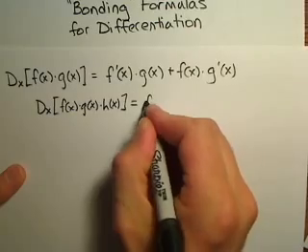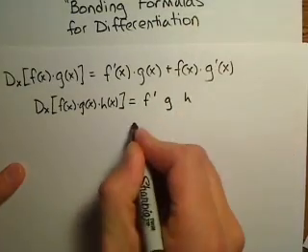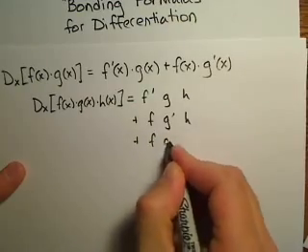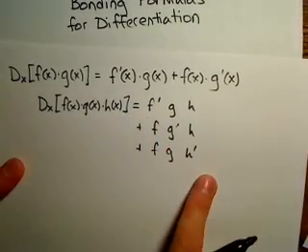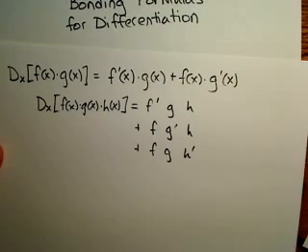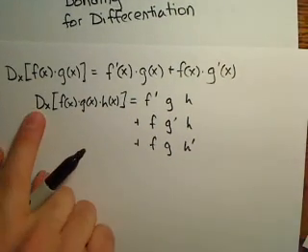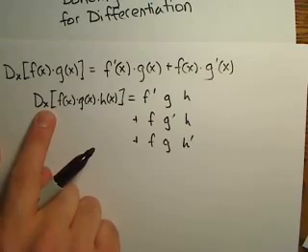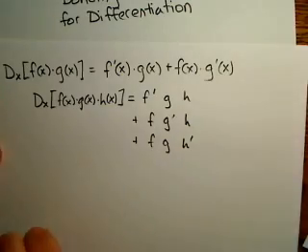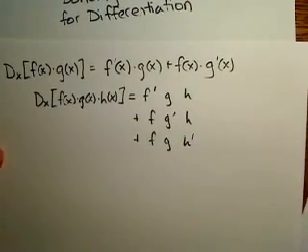Because after all, it's f prime g h plus f g prime h plus f g h prime. Again, everyone gets a turn at being the derivative, then everyone else just comes along. And it makes sense, because you're only taking one derivative here, so they should only get one derivative at a time here. They shouldn't all be happening at once. That'd be too many derivatives at once.